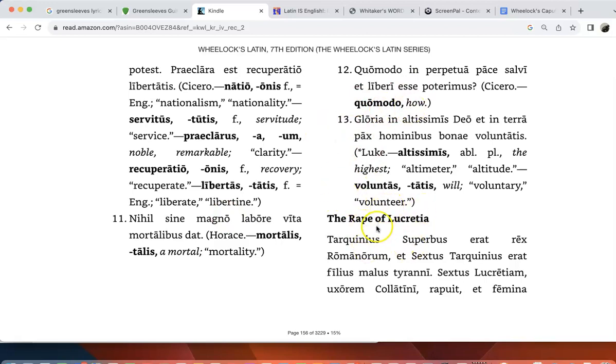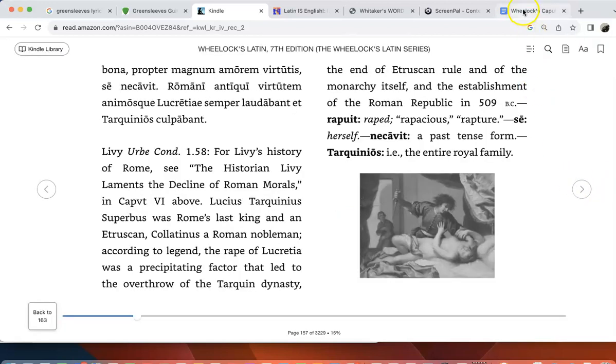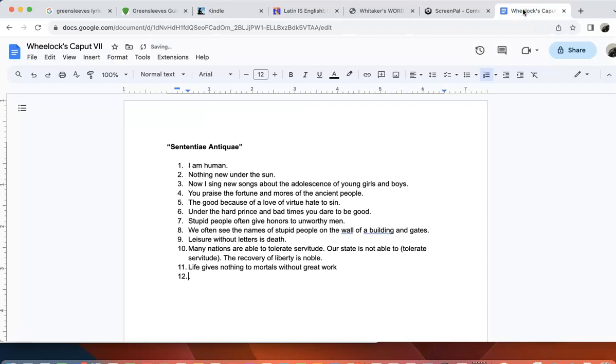And then here we're going to talk about the longer passage. This actually is a famous, sad story in the history of Rome.